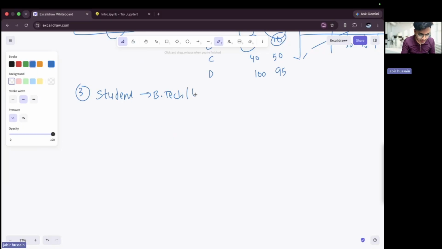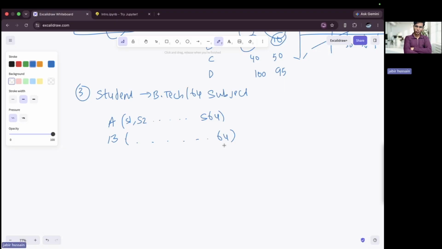Let's say he will have 64 subjects. Now, let's say we have student A. Student A will have subject 1, subject 2, subject 3, like this, up to 64 subjects. Similarly, student B will also have 64 subjects.